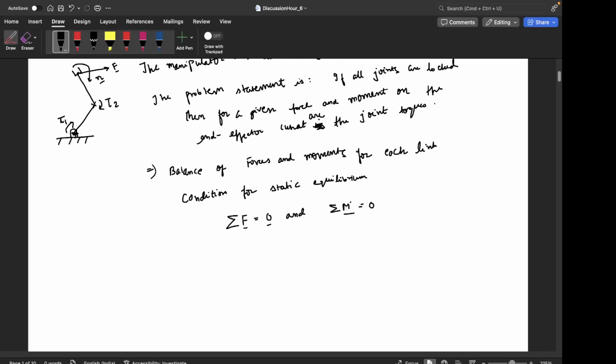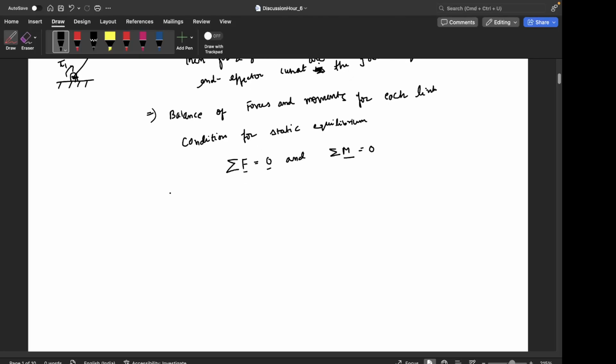So these are the two equations that we'll write for every link in the manipulator.